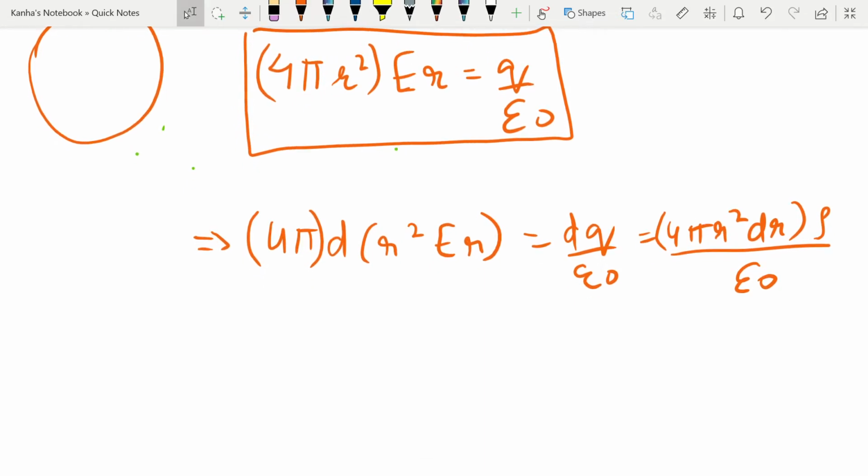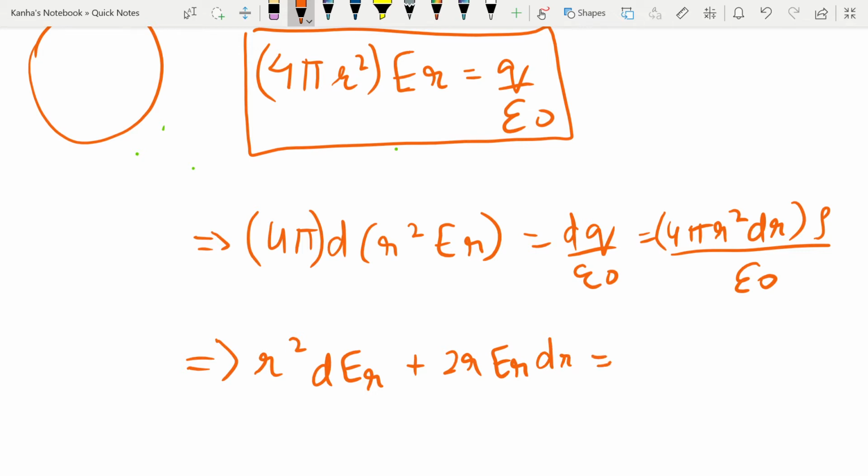Okay, that implies r square d of Er plus 2r Er dr is nothing but 1 by epsilon naught times rho r square dr. That implies dou E by dou r.